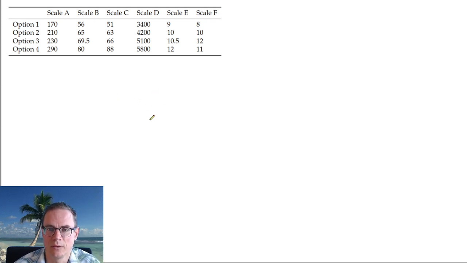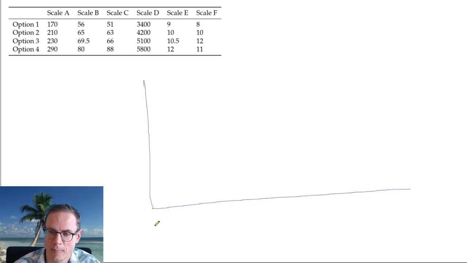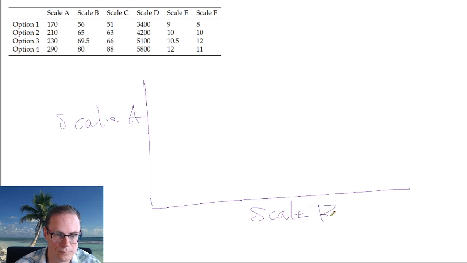If we have two scales and we put one scale along the y-axis and the other one alongside the x-axis, and we put the items on our diagram, on our graph.